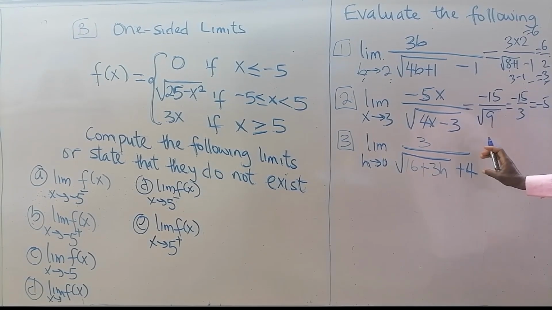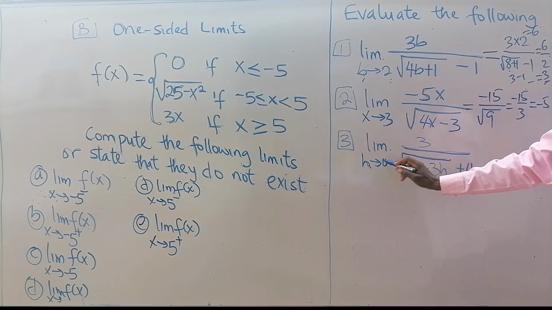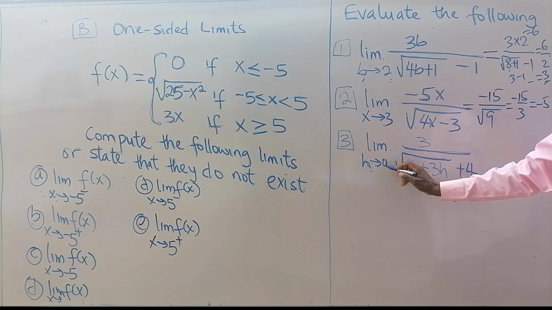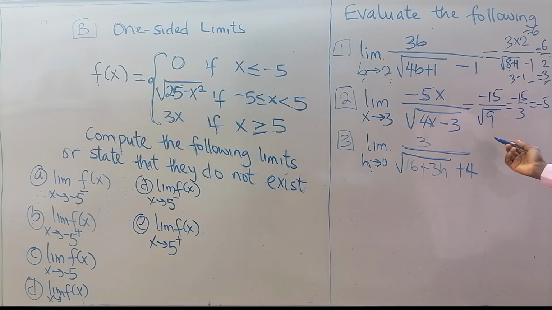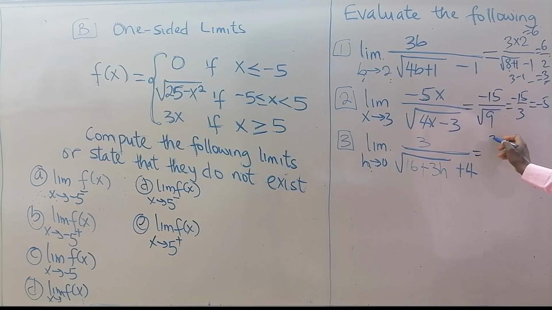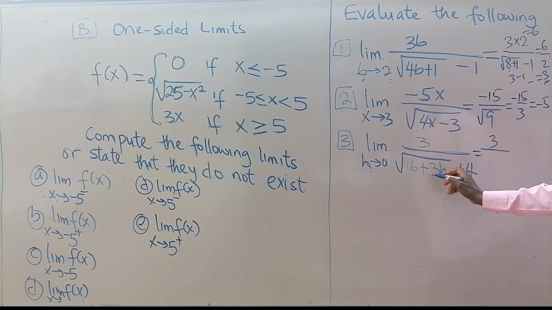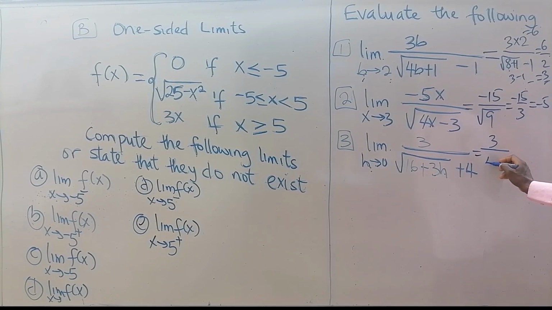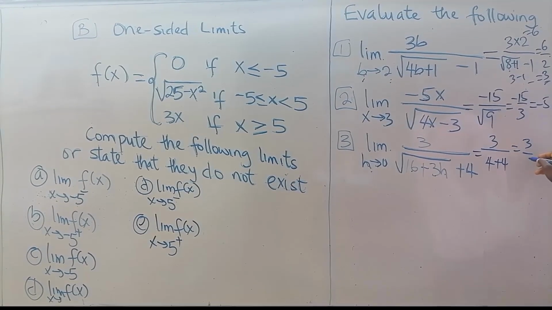And then the last part, limit as h tends to 0. So anywhere you see your h, you just plug in that value there, and that will be equal to 3 over 3 times 0, that's 0. So we have the square root of 16, that's 4, plus 4. So the answer is what? 3 over 8. And that's that on the first part of the question.